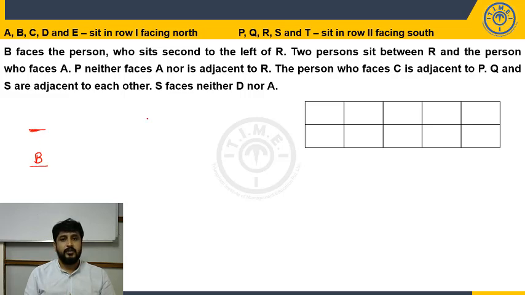Who sits second left of R? B is facing a person, so this person is second left of R. First left, second left of R. So the arrangement can be like this.